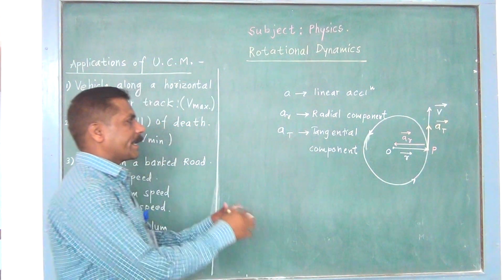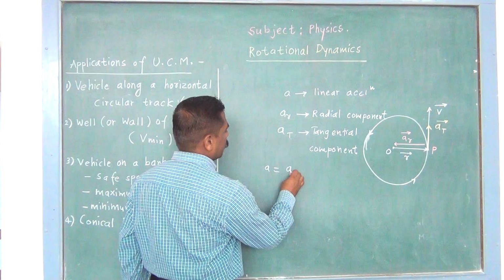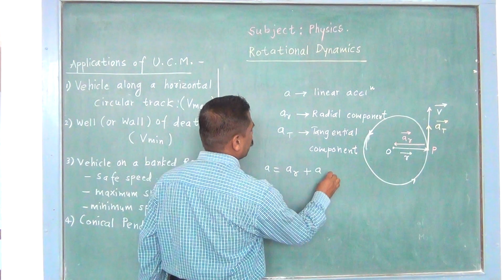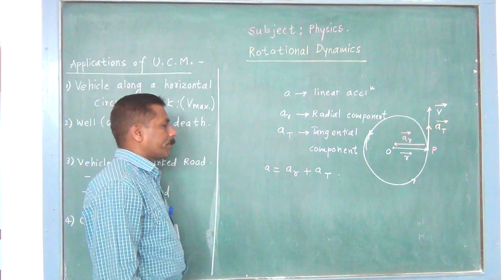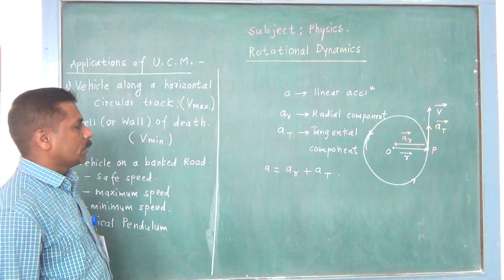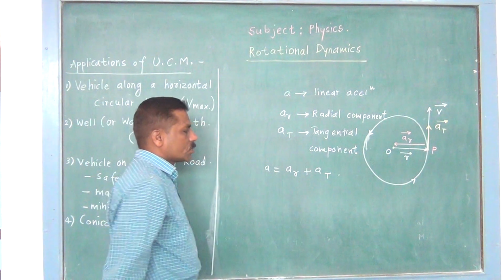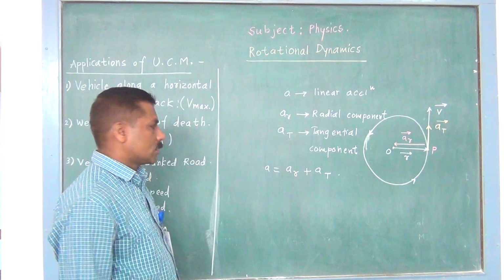So we will get an idea about this. And this linear acceleration is nothing but the addition of these two. Also we have seen that in case of uniform circular motion, the tangential acceleration is 0.